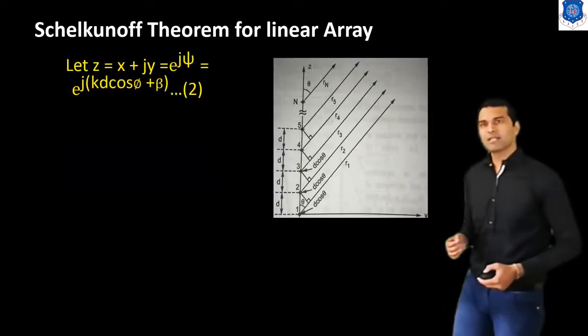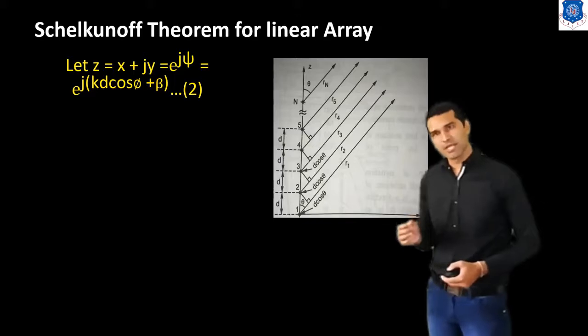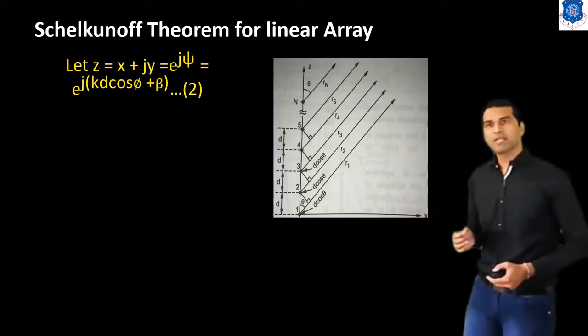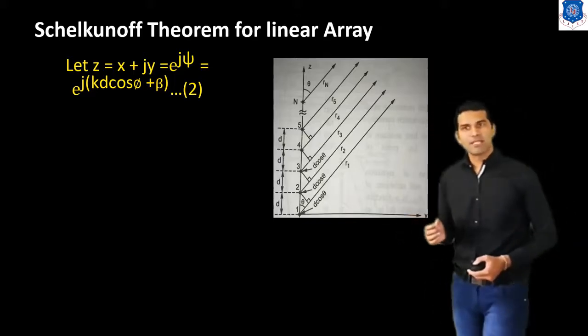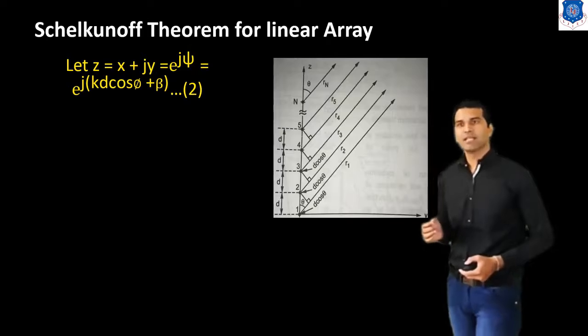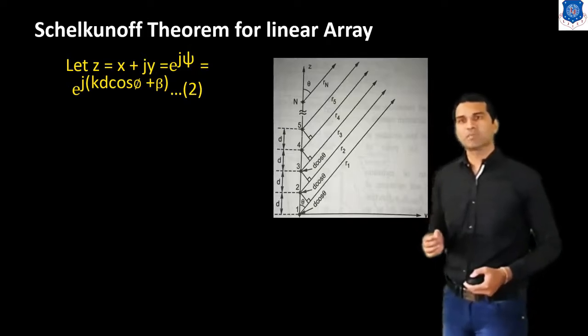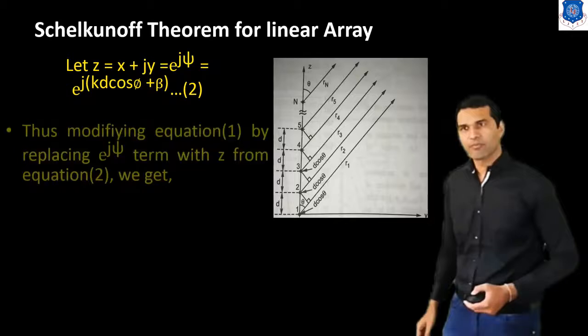Let z equal x plus jy. So e raised to j psi can be written as e raised to j (kd cos phi plus beta).